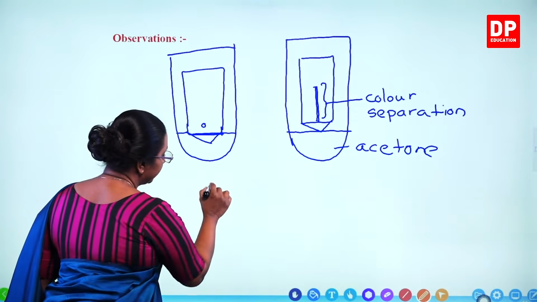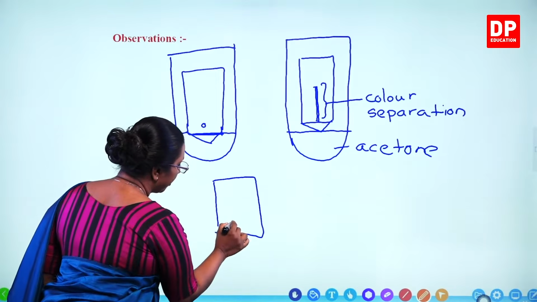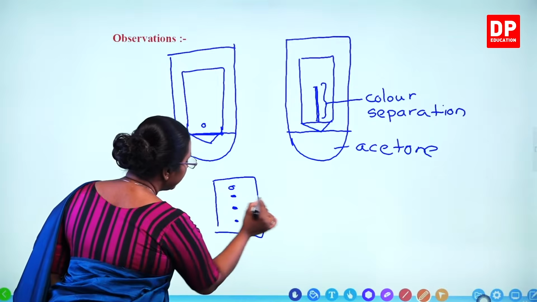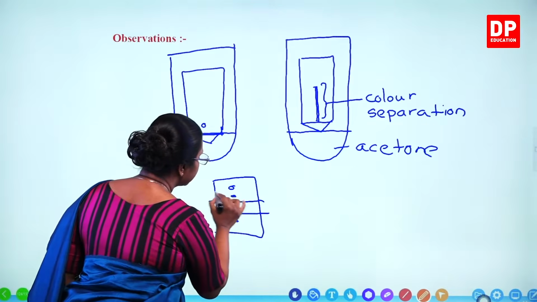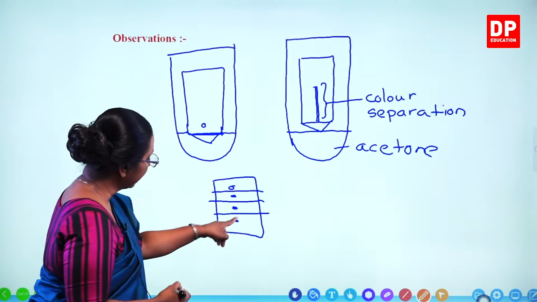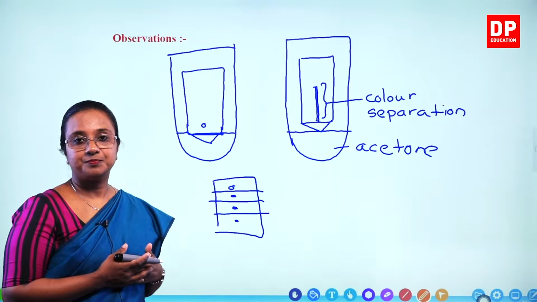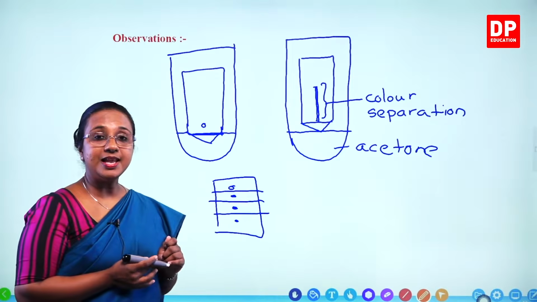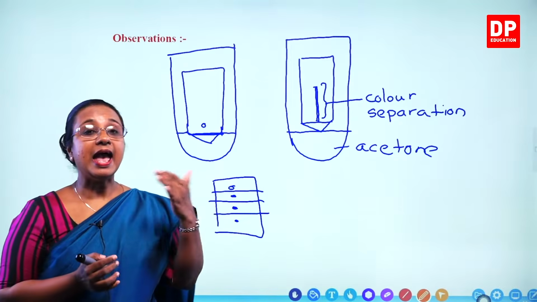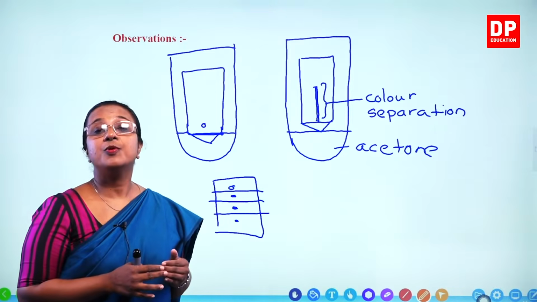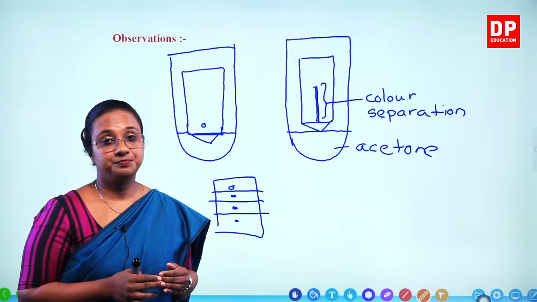Not here, but it might separate out into small spots like that. Then you can cut out each spot and extract that compound and analyze it. So, that is what we said. We can separate and analyze or identify the components of a mixture.